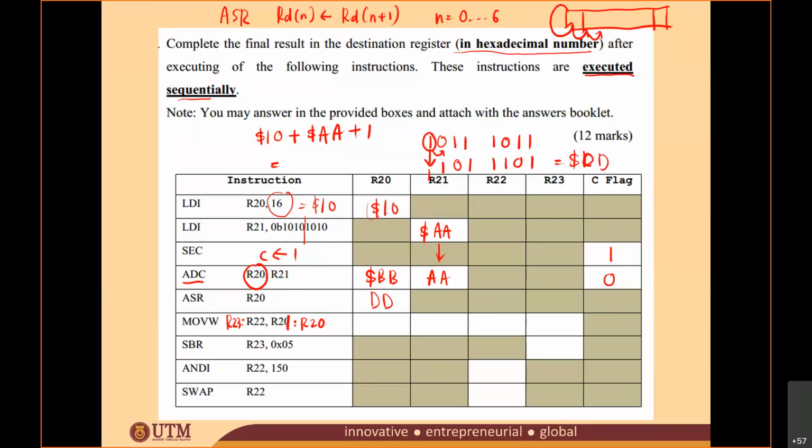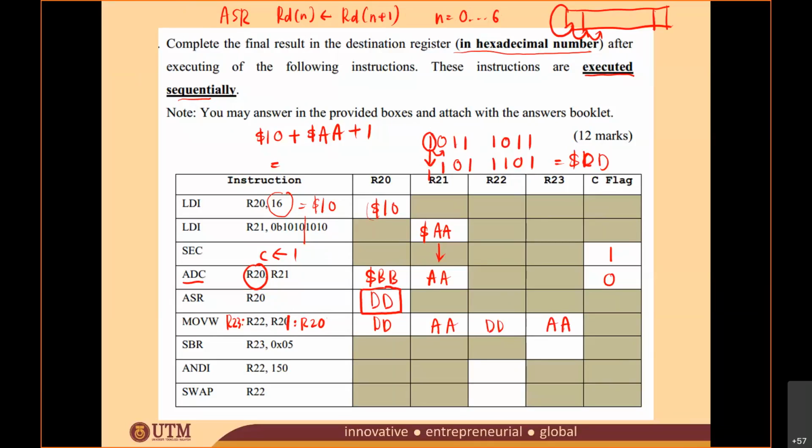Okay, so what happened here is R20, masih lagi, what is the current value of R20? Is it BB or DD? Okay, so DD. What about R21? Masih lagi AA. R22? DD, and this one here is AA. Okay, so R20 is DD because DD is your current value.